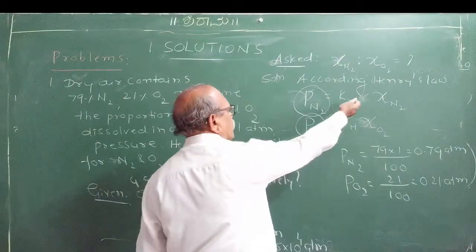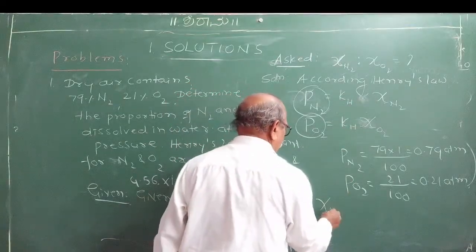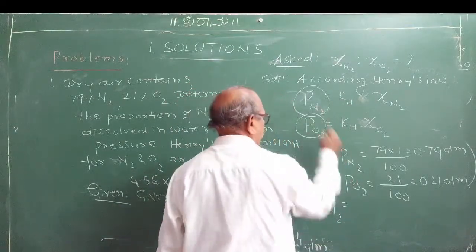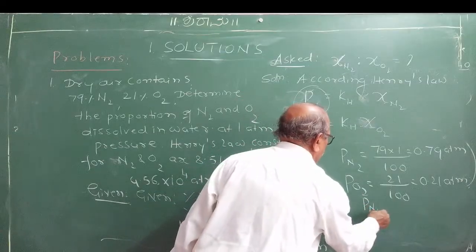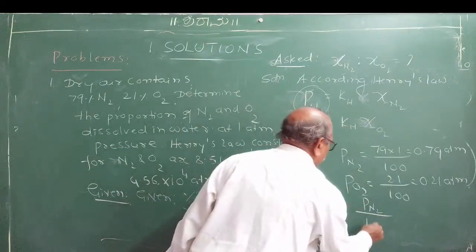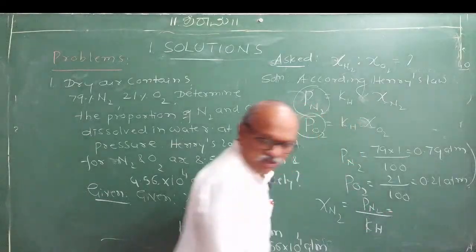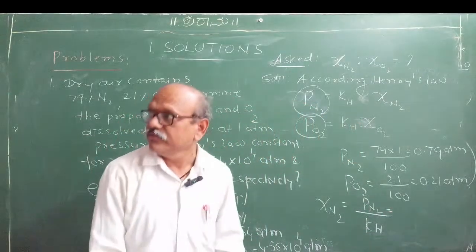Now you can get the mole fraction of nitrogen, which is given by the partial pressure of nitrogen divided by KH value.